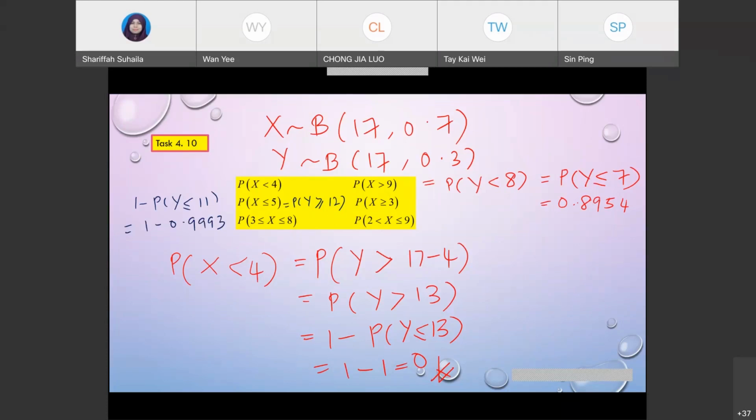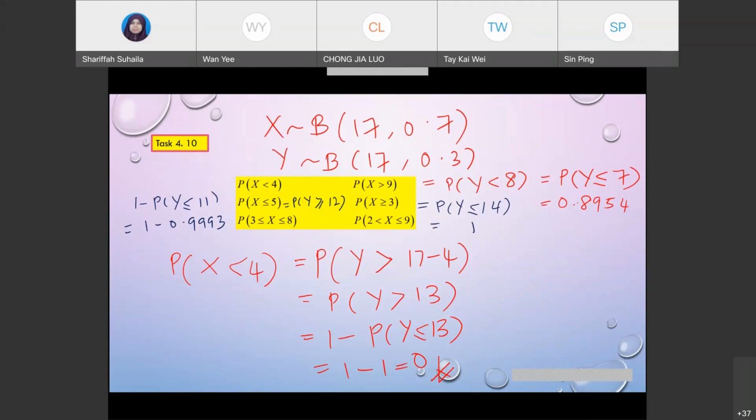Okay, probability x greater than or equals to 3. So you will have probability y, follow the equality. So 17 minus 3, 14. So what is the answer? Again, less than or equals to 14. If you refer to your stats table, the value is 1.